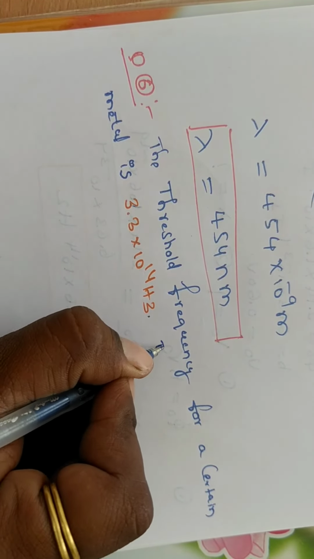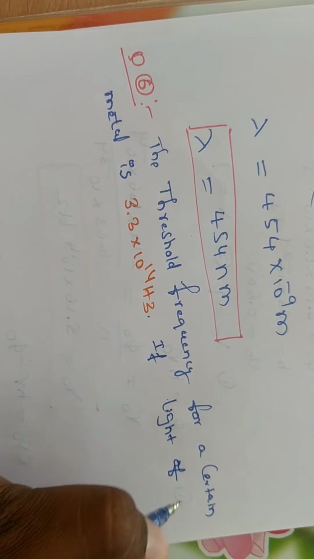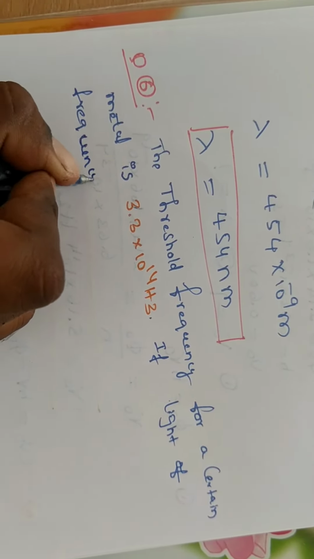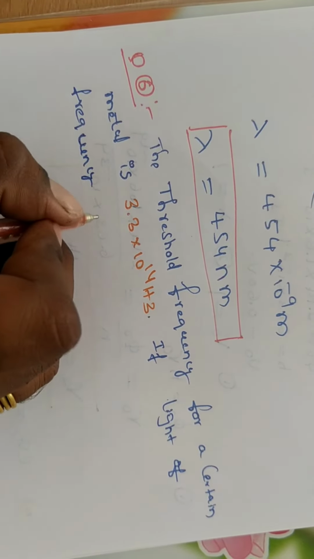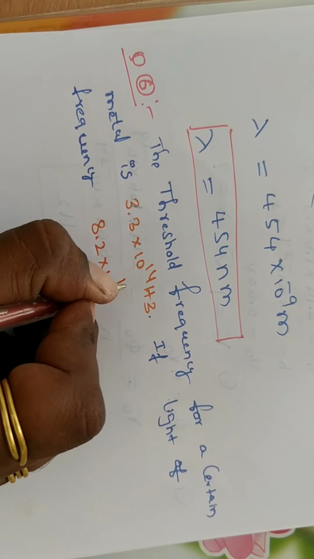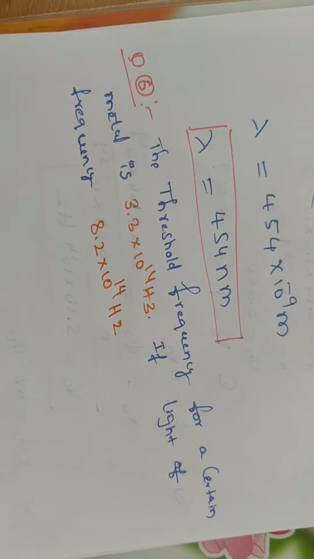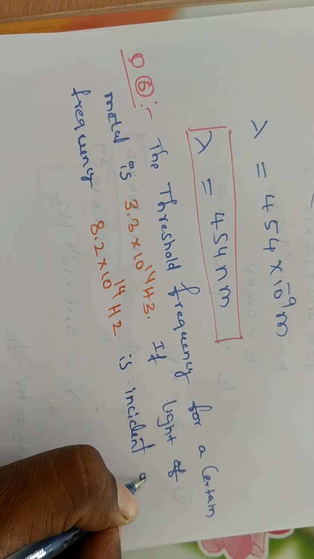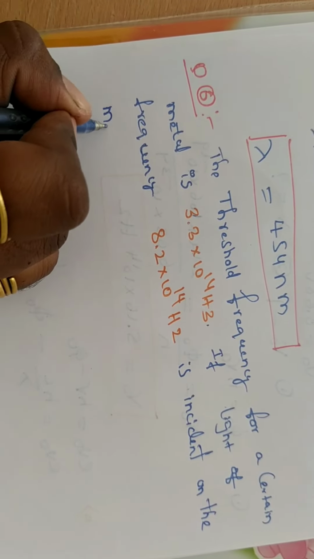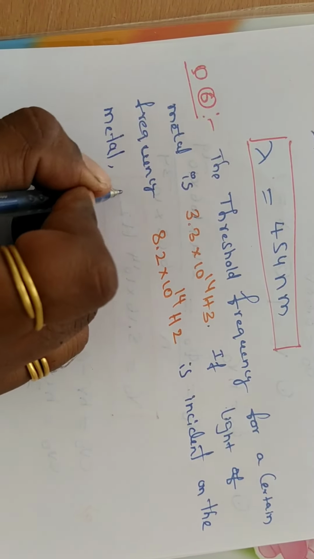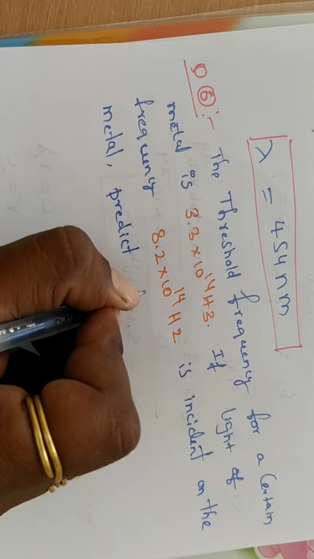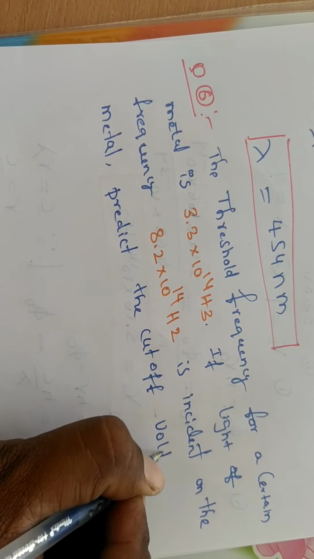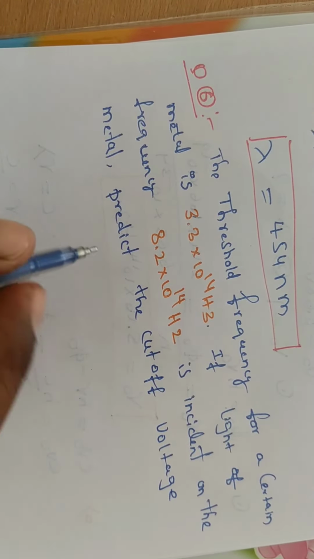If light of frequency 8.2 into 10 to the power of 14 hertz is incident on the metal, predict the cutoff voltage for the photoelectric emission.